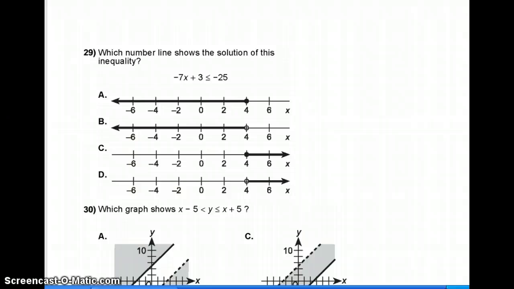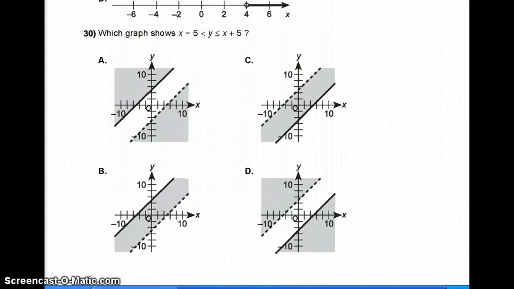Number 30, which graph shows x minus 5 is less than y is less than or equal to x plus 5?